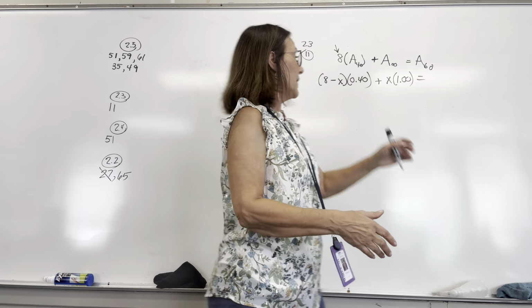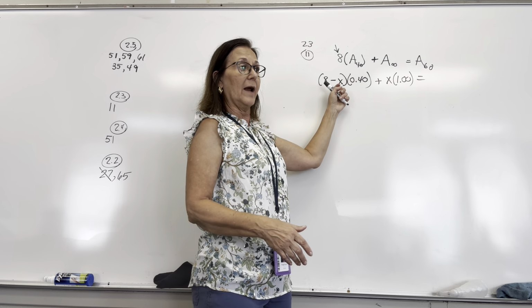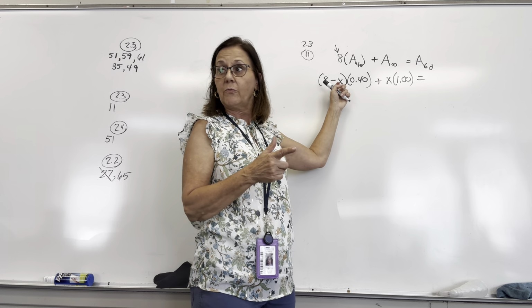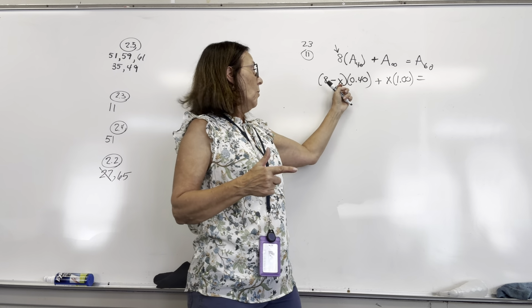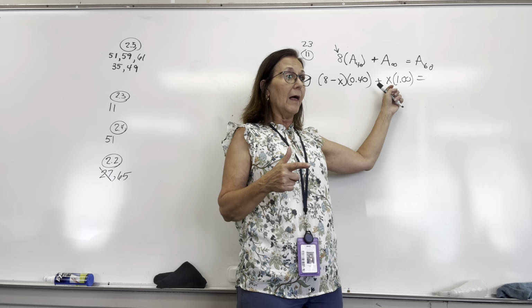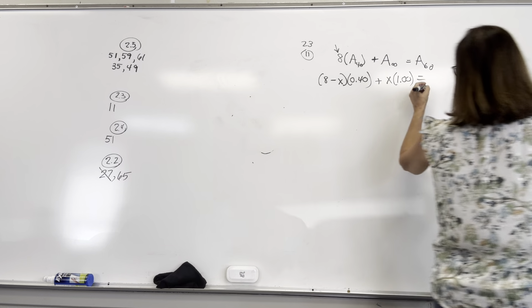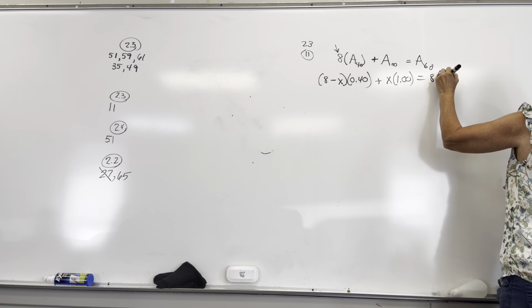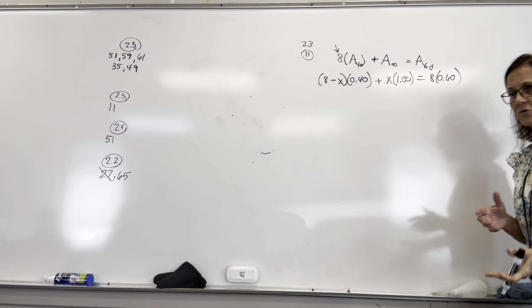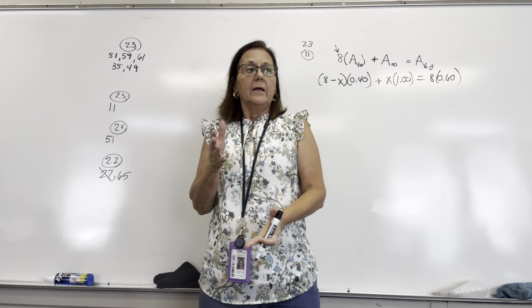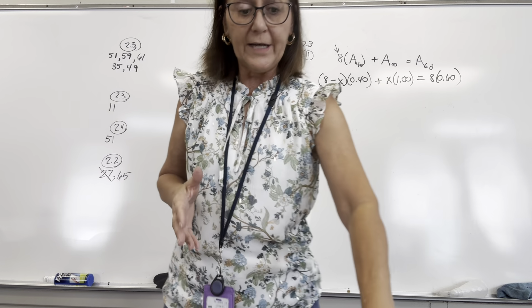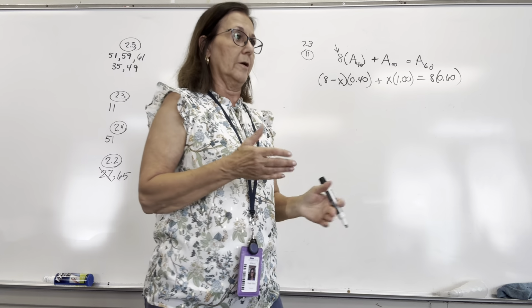Got it? So we have 8, that's 40%. We're going to drain some off, which also represents 40%. Whatever we drain off, we're going to replace with 100% antifreeze so that we end up with 8 quarts of 60% antifreeze. We're trying to increase the ratio of antifreeze to water.